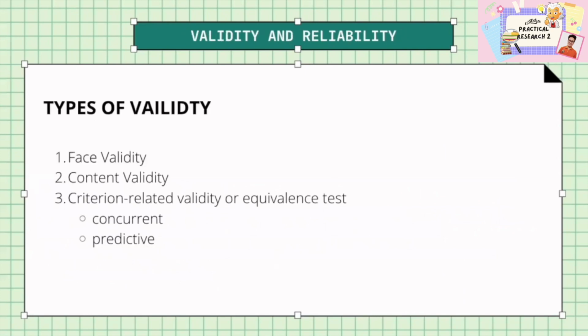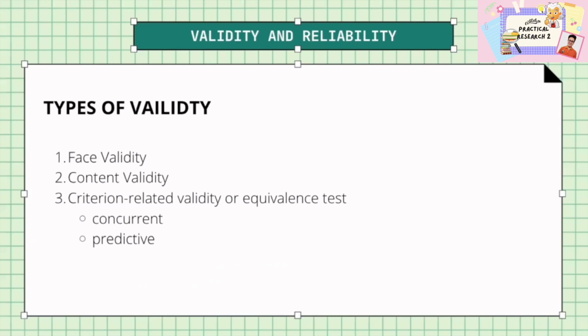Let's now talk about the validity and reliability of an instrument. Okay. First, when we say validity, this refers to the ability of your research questionnaire to measure what it intends to measure. Okay.